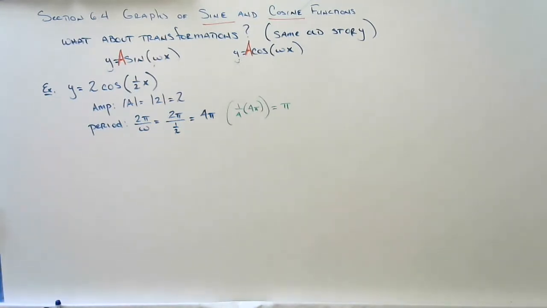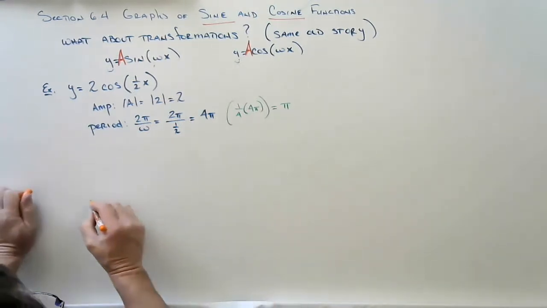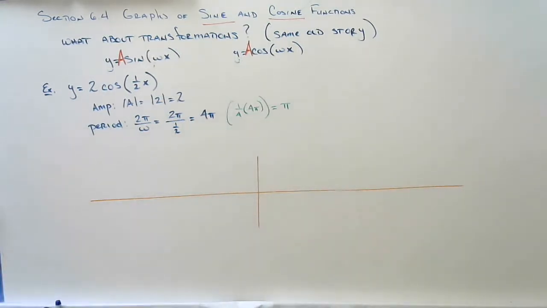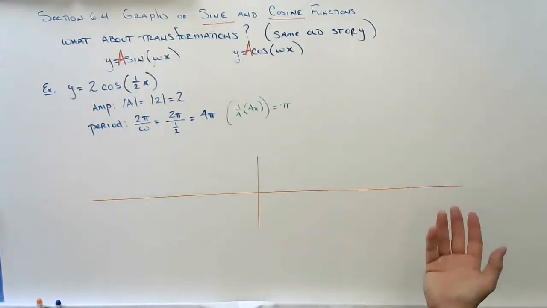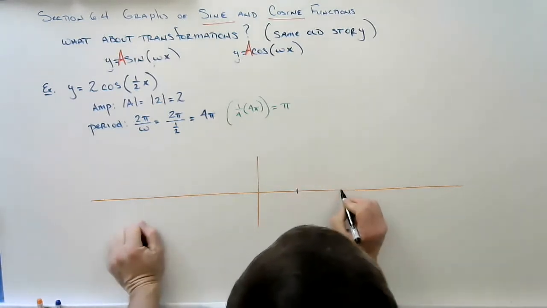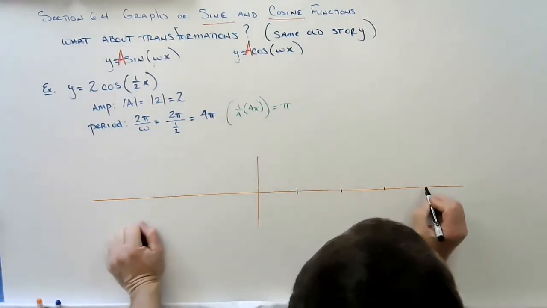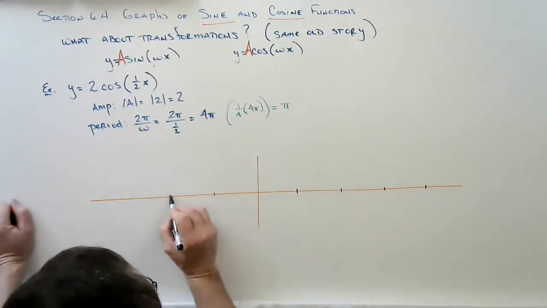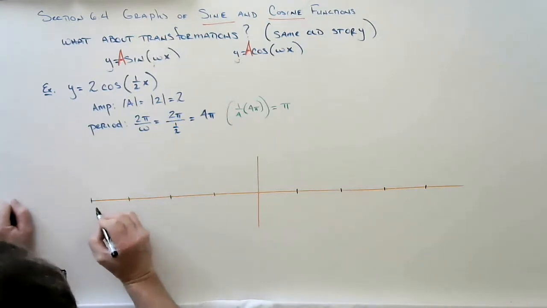Now, I draw my axes. I'm going to need 4 dots because I know I need 4 pieces to graph cosine. Cosine and sine, and that's all we're doing in this section, cosine and sine. It's always 4 pieces. So I go 1 piece, 2 piece, 3 piece, 4 piece. 1 piece, 2 piece, 3 piece, 4 piece.